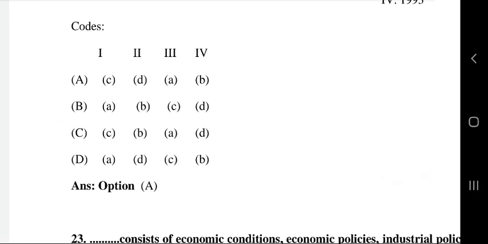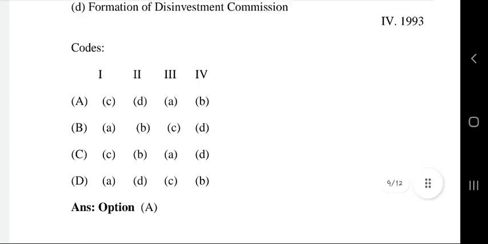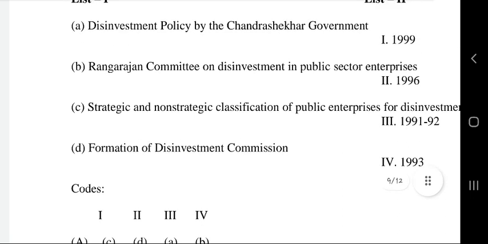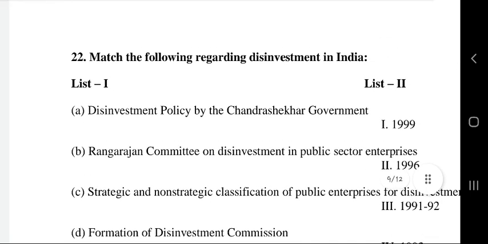Option A is the correct answer. Code A: 1 for C, 2 for D, 3 for A and 4 for B.